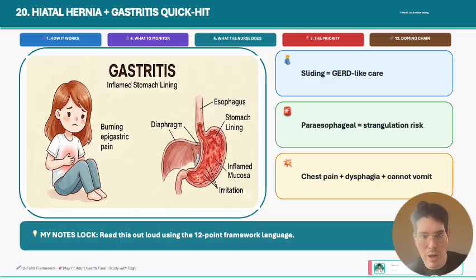It does not automatically mean inflammation was seen. So I separate them this way. Gastritis is an inflamed lining. Dyspepsia is the complaint of upper GI discomfort. Okay, so here's your memory hook. Gastritis is the stomach lining looking irritated. Dyspepsia is the patient saying, my upper stomach feels off. Okay? All right.